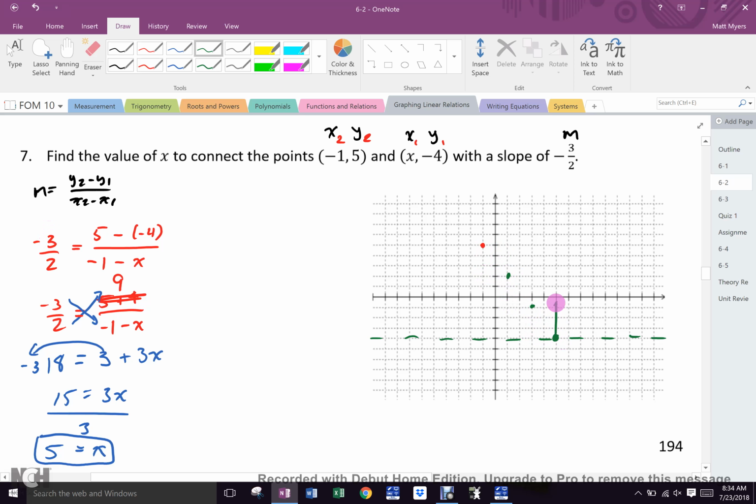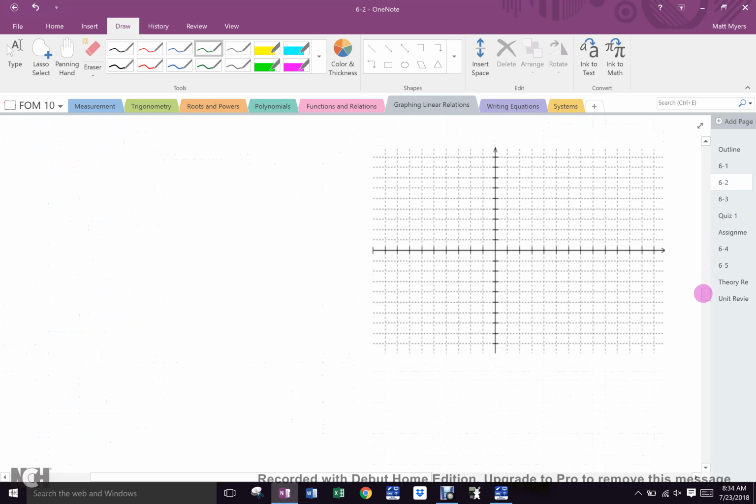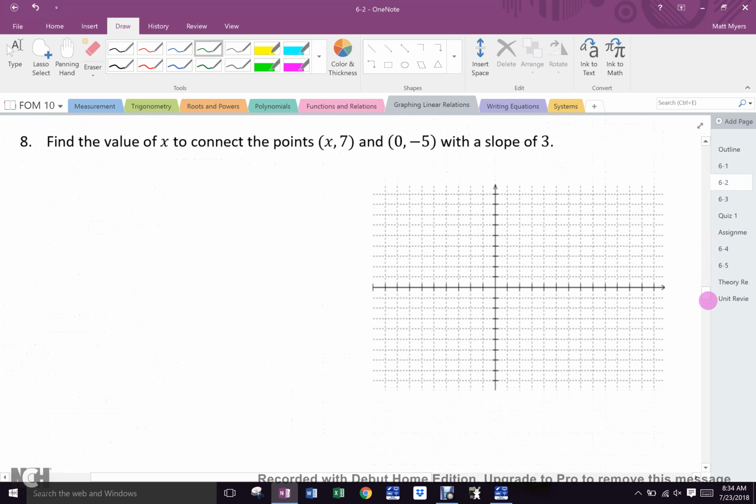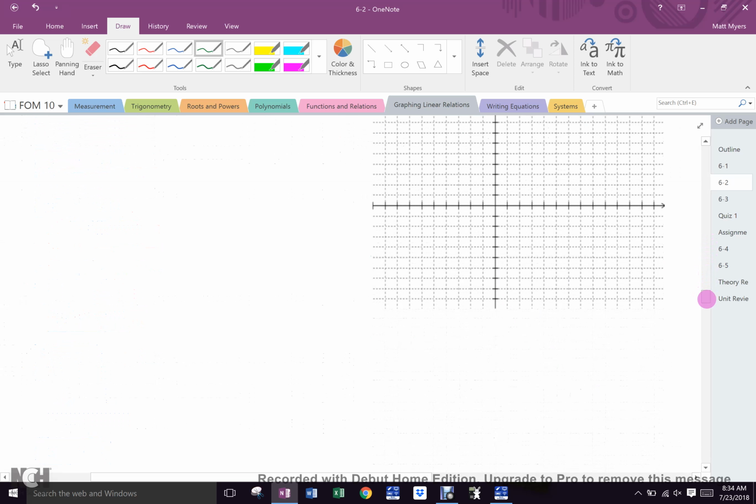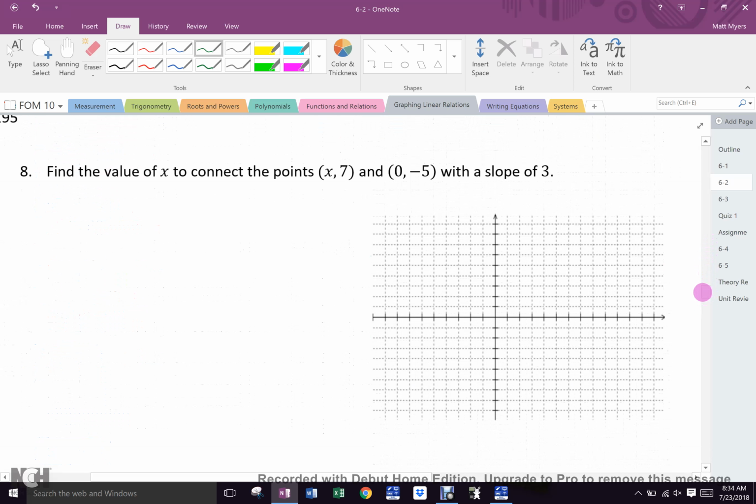And I check, and oh look, 1, 2, 3, 4, 5. It is 5. There's my line. Is everybody good? Yeah? Prove it. Do 8. Graphically and algebraically.